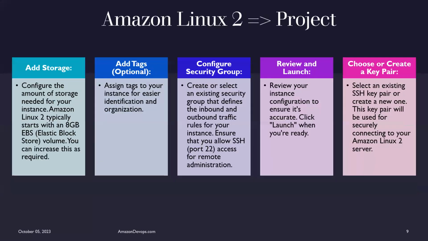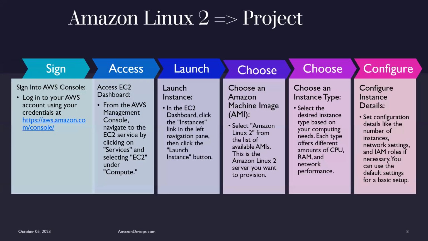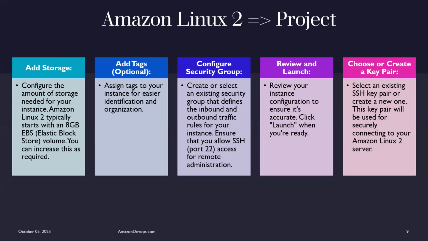We're going to choose, of course, the AMI, then choose the instance type. Then we start to configure things like network, IAM role, and all that. Add the storage, add the tag, configure the security group. We have to ensure that the SSH port, port 22, is open.